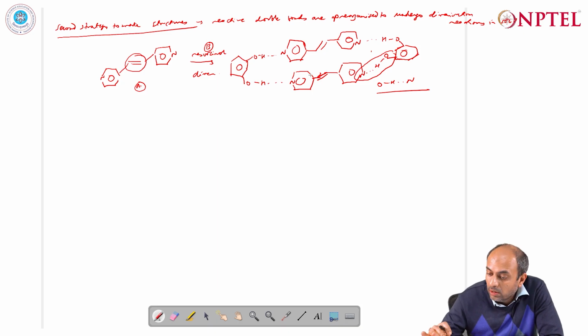So this kind of stereochemically locks the double bond now. Now these two have come into the reacting proximity and they react with each other to form the dimer.